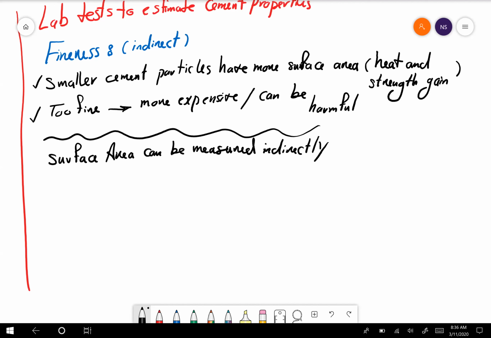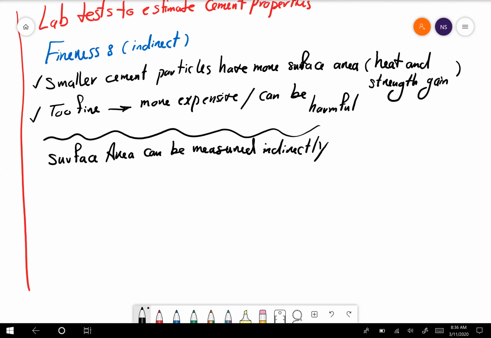So one indirect method is to let the particles flow in a liquid, and from the time it takes for the particles to travel from one point of the liquid to another point, you can estimate how fine they are.